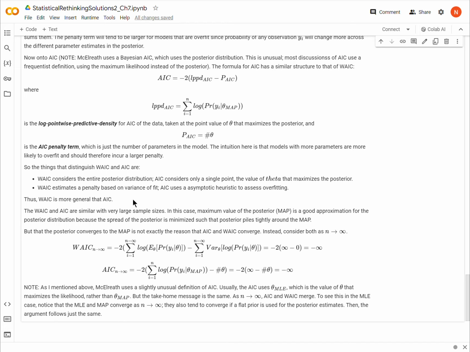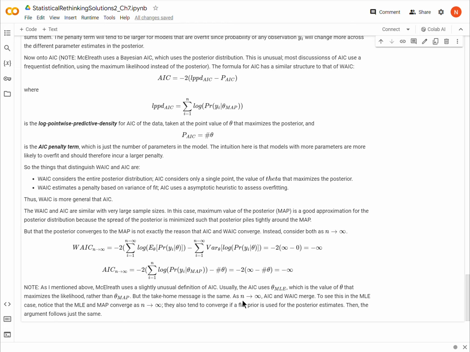Okay, a final note. Earlier I mentioned that McElreath is using kind of a Bayesian definition of AIC, where he's using the maximum value, or the value of theta that maximizes the posterior. But generally what gets used is the value of theta that maximizes the likelihood. Okay, so that's interesting. But the take-home message is really the same.